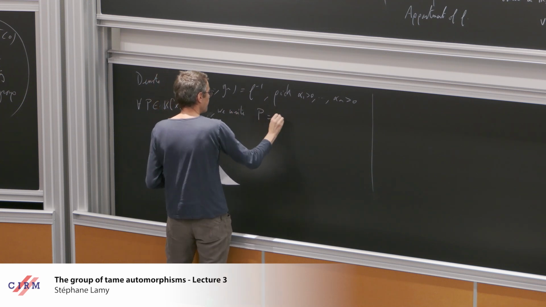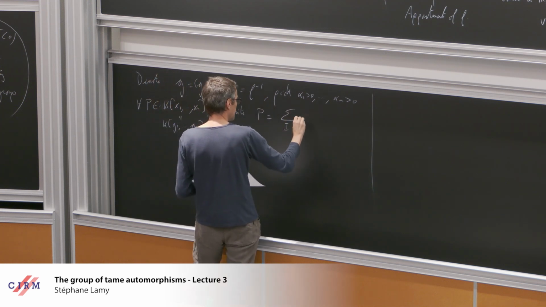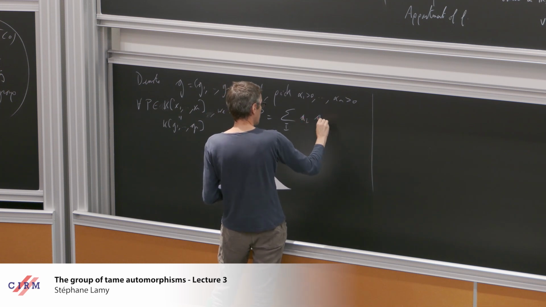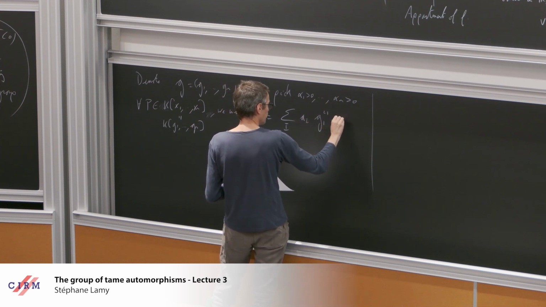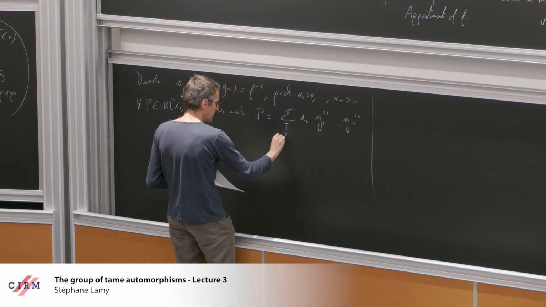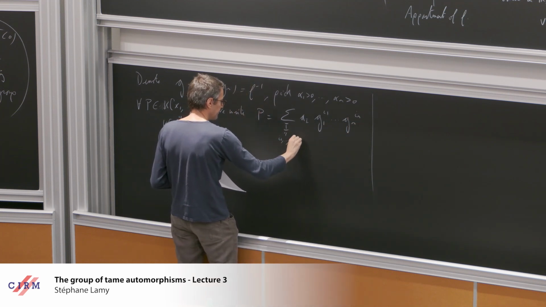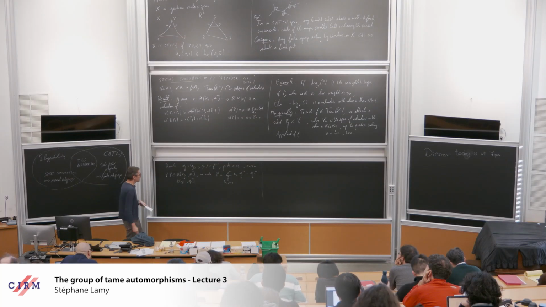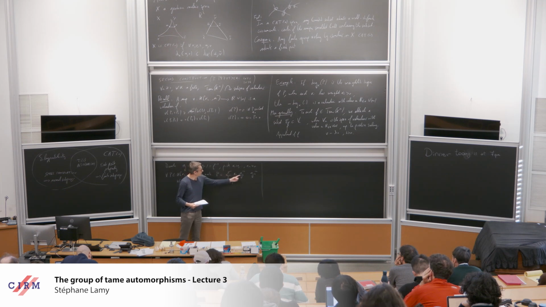So you write p as a sum over a multi-index I of a_I times G1 to the E1, ..., Gn to the En, where I is my multi-index. And then I'm going to define the weighted degree, but with respect to this basis for the algebra.